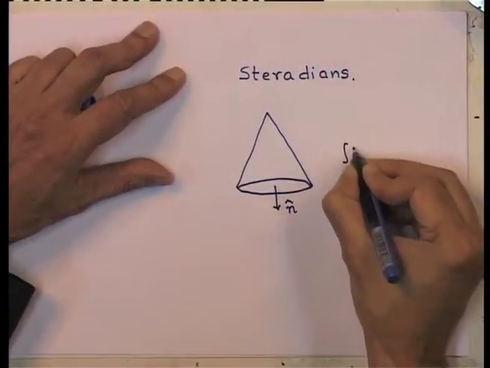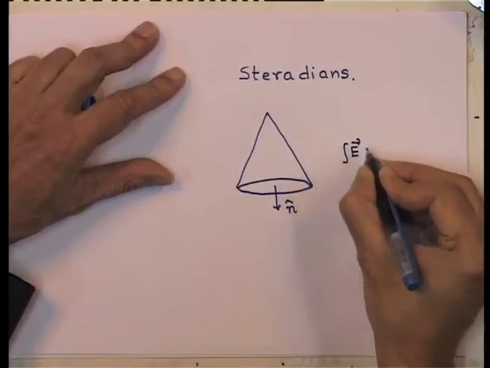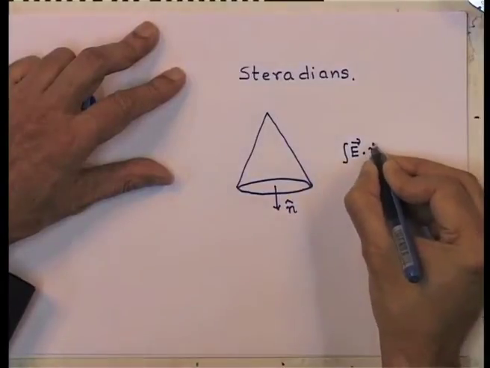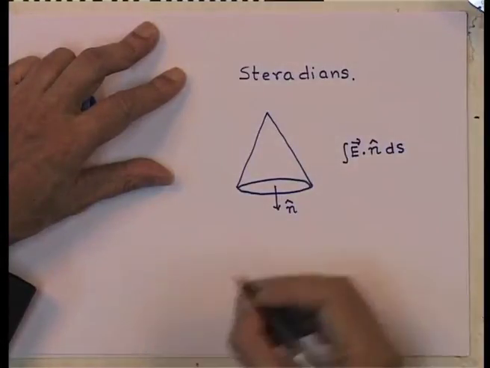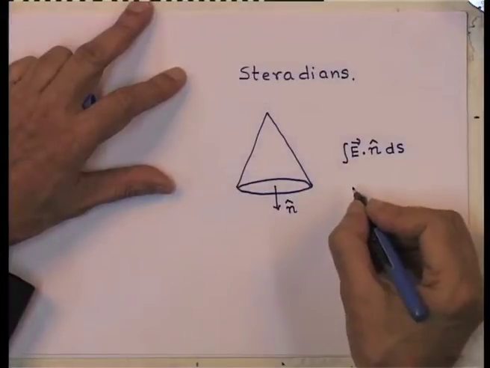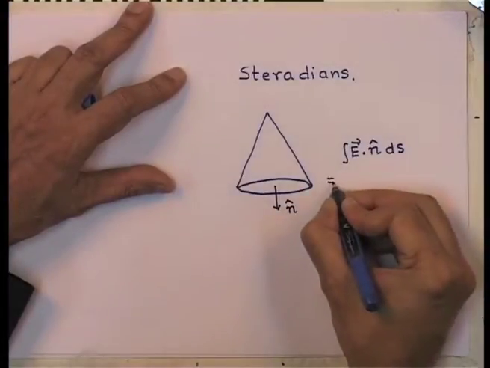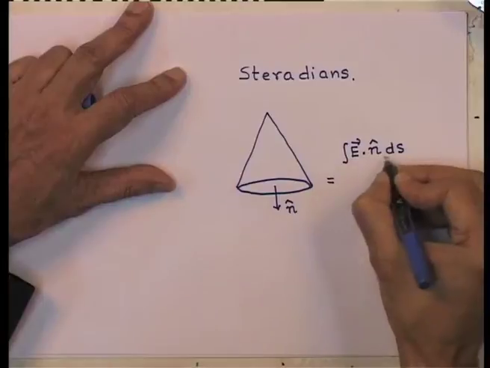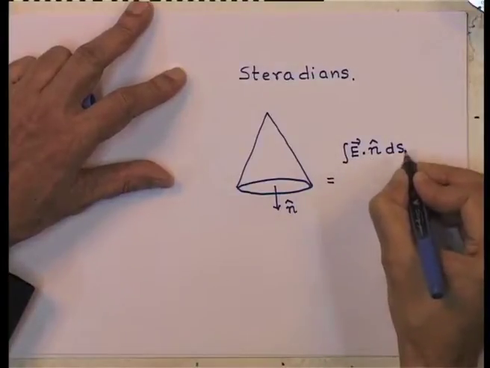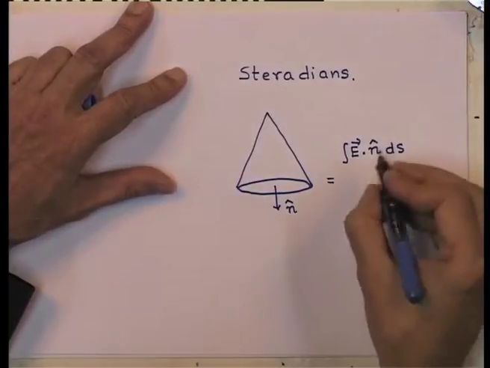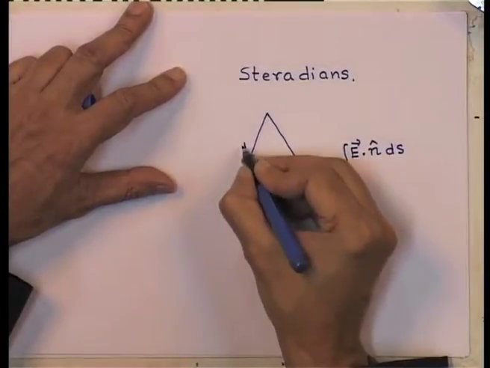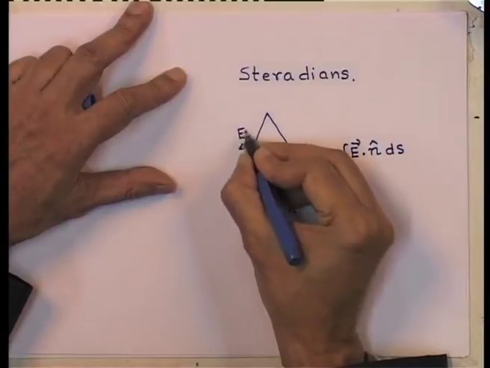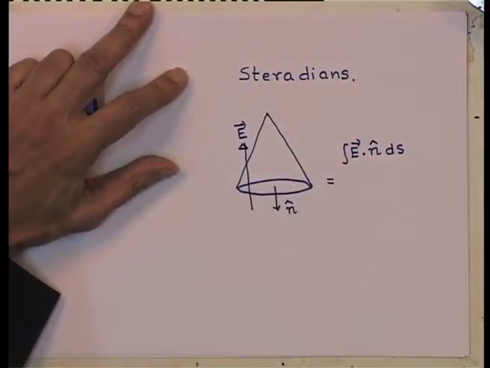So, this we have seen is integral of E dot n ds. Since the electric field is constant and has a magnitude E, it will come out of this sign. The second thing that you notice is the direction of n and the direction of E are opposite to each other, because the electric field is entering the base.